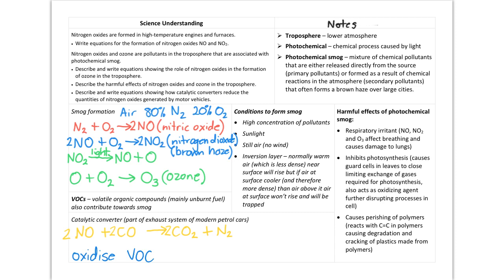And as well as reacting the carbon monoxide with the nitric oxide, they can also oxidize the carbon monoxide, so that we reduce the amount of carbon monoxide that's coming out of our exhaust.